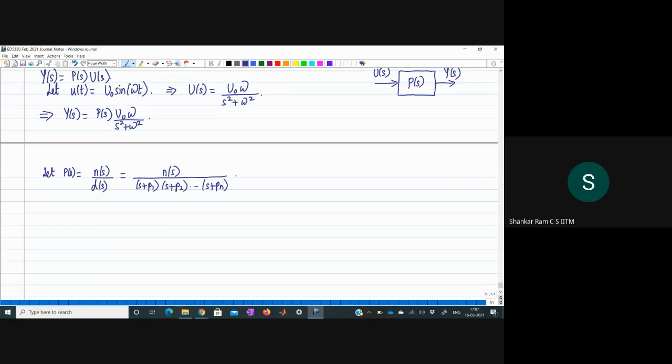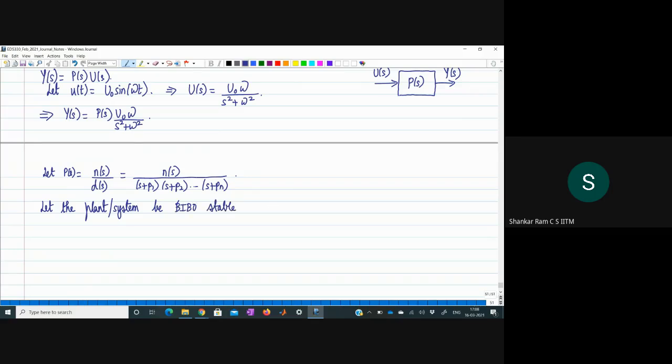So we start with the premise that the plant or system under study is stable to begin with. Let the plant system be bounded input, bounded output stable.